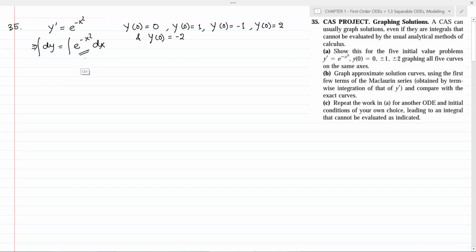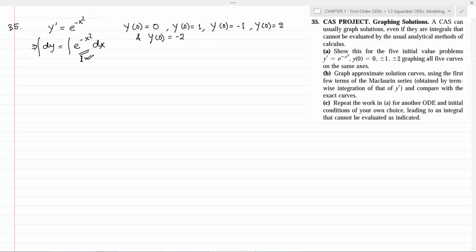So this is not integrable in terms of common functions. However, as per the question, we can plot the graphs of the solutions even if they are not integrable by usual analytical methods of calculus.